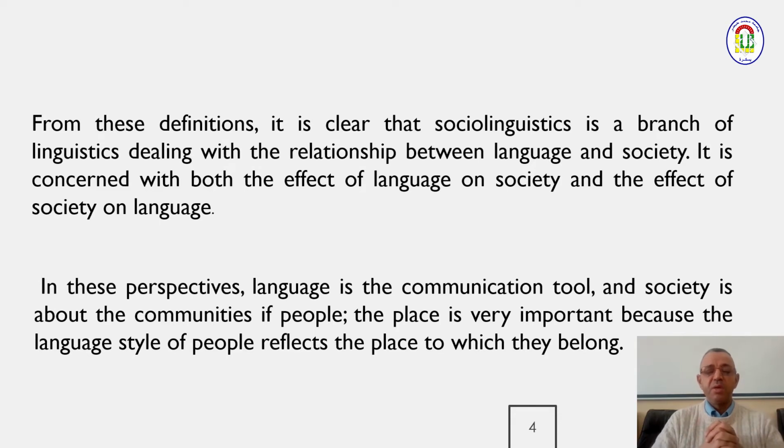And there are other macro linguistic branches, such as biolinguistics, biology and linguistics, neurolinguistics, neurology and linguistics, computational linguistics, computing and linguistics, and mathematical linguistics, which is concerned with, on one hand, mathematics, and on the other, linguistics.